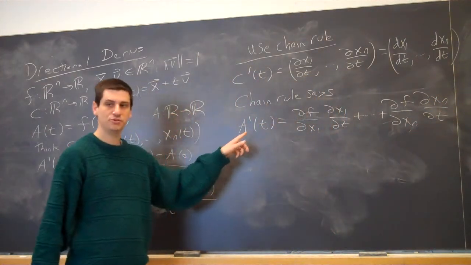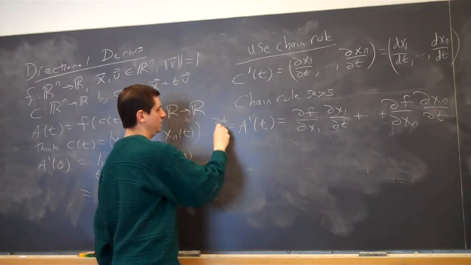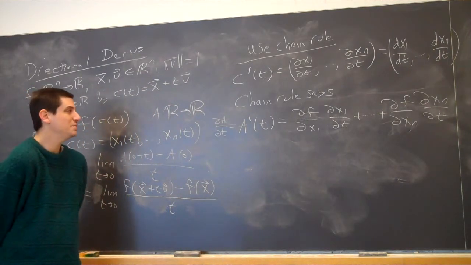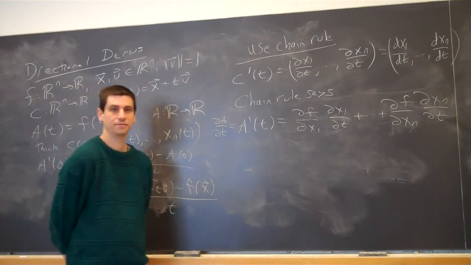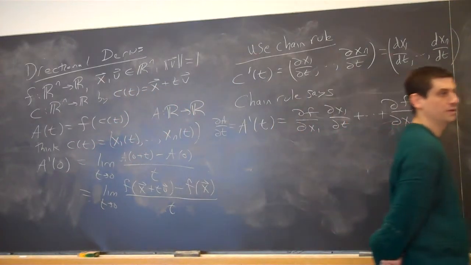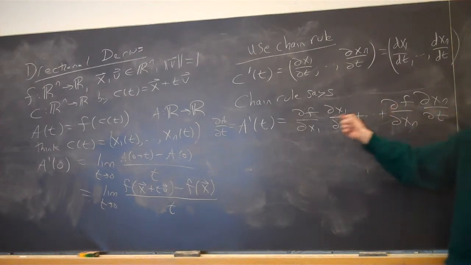Instead of calling this a prime of t, I could call it d partial a partial t. But how many variables does a depend on? Just one. So since it only depends on one, can I use my old notation a prime? Yes. It's clear from context that a prime means dA dt.